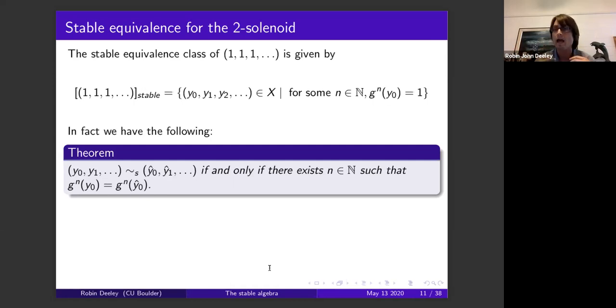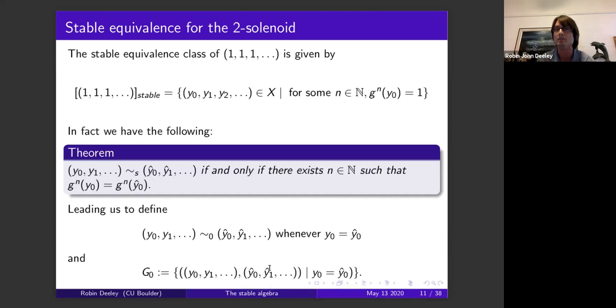So this is asking us to define a subrelation of this stable relation. The subrelation is going to be defined so that two points are, I call it tilde 0 equivalent, when those first coordinates actually are equal from the start. We can see that that's going to imply they're stably equivalent, but there are going to be some points that are stably equivalent that are not equivalent in this sense.